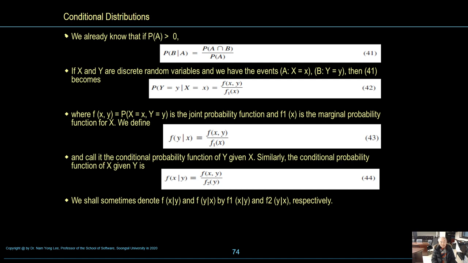We define it like the formula 43 and call it the conditional probability function of Y given X. Similarly, the conditional probability function of X given Y is f(x given y) equal f(x,y) over f2(y).